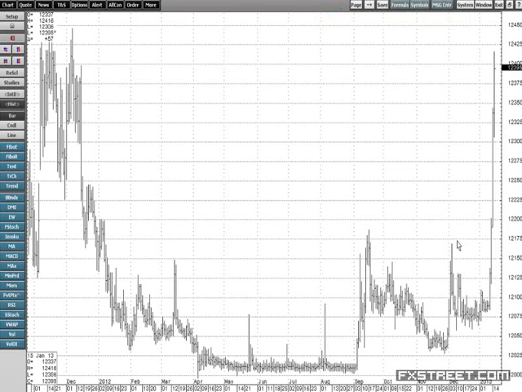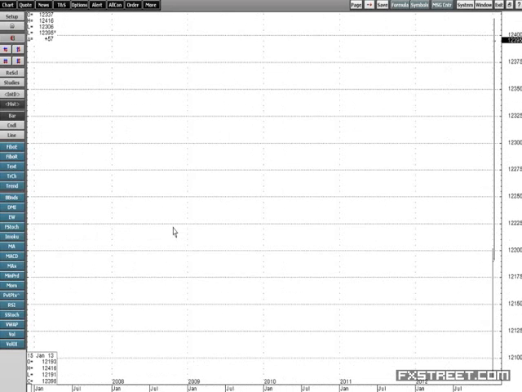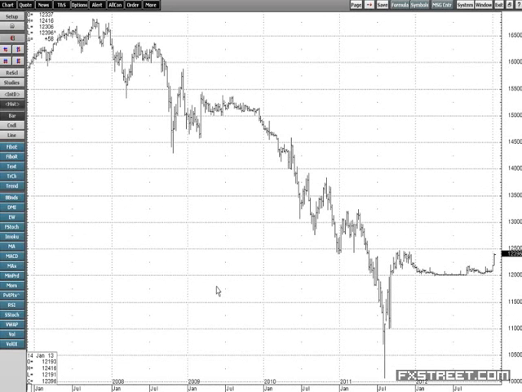The daily ranges on the last 1, 2, 3 days have been unbelievable, in a market that doesn't move that much. So if I take it out to the weekly, you can see all of last year did nothing. Absolutely nothing.